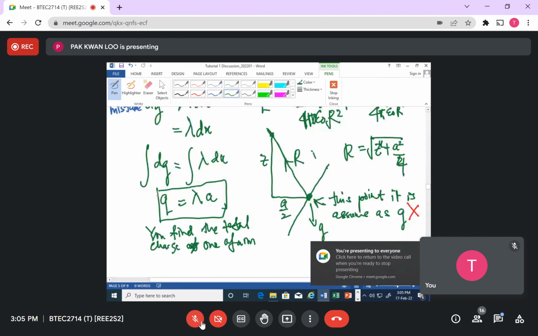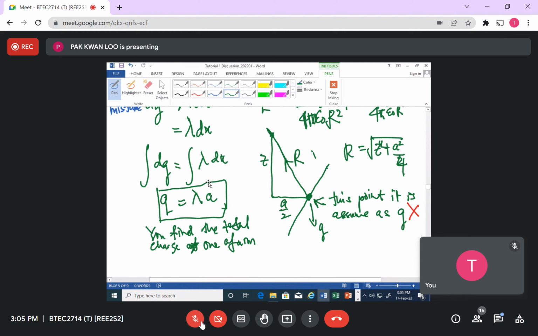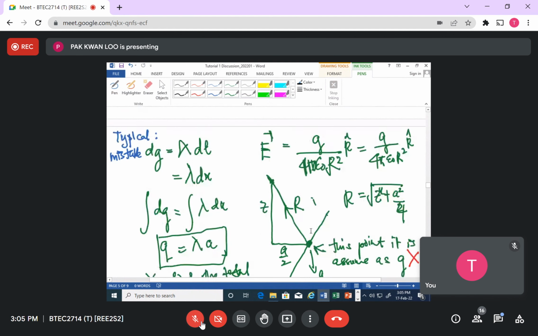You find the total charge Q, which is lambda times A. This is correct. I'm not saying this is not correct, but the process of obtaining the solution is not right.